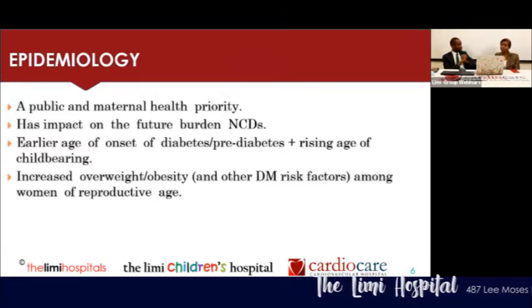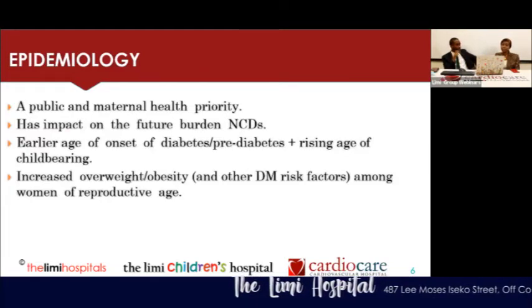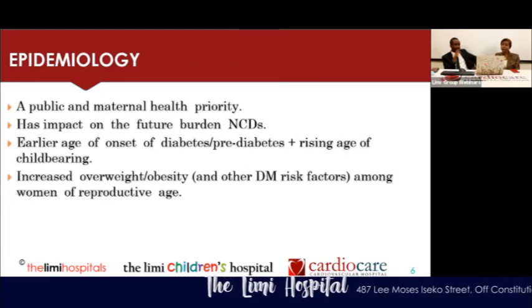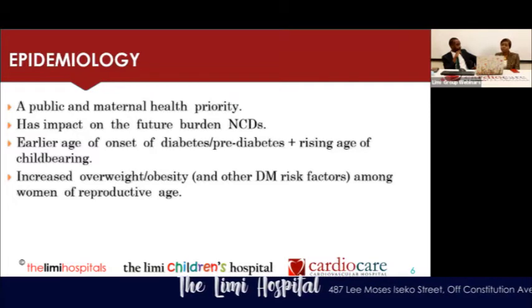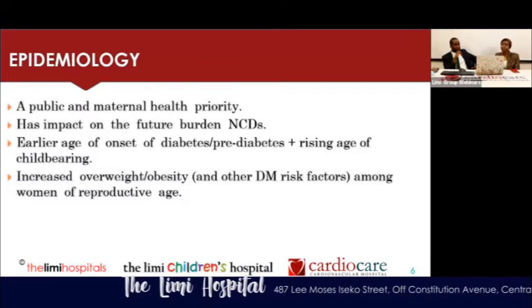Yeah, so this is a public health issue. It's a priority, in fact, because of the associated maternal and fetal outcome, and also the complications in pregnancy, which can be picked up and managed during pregnancy.